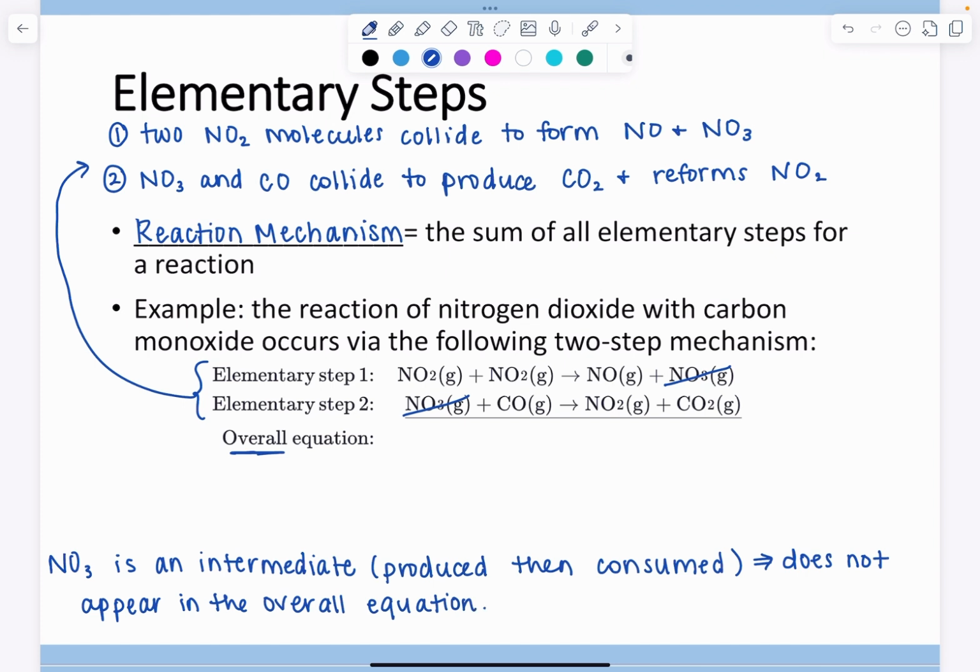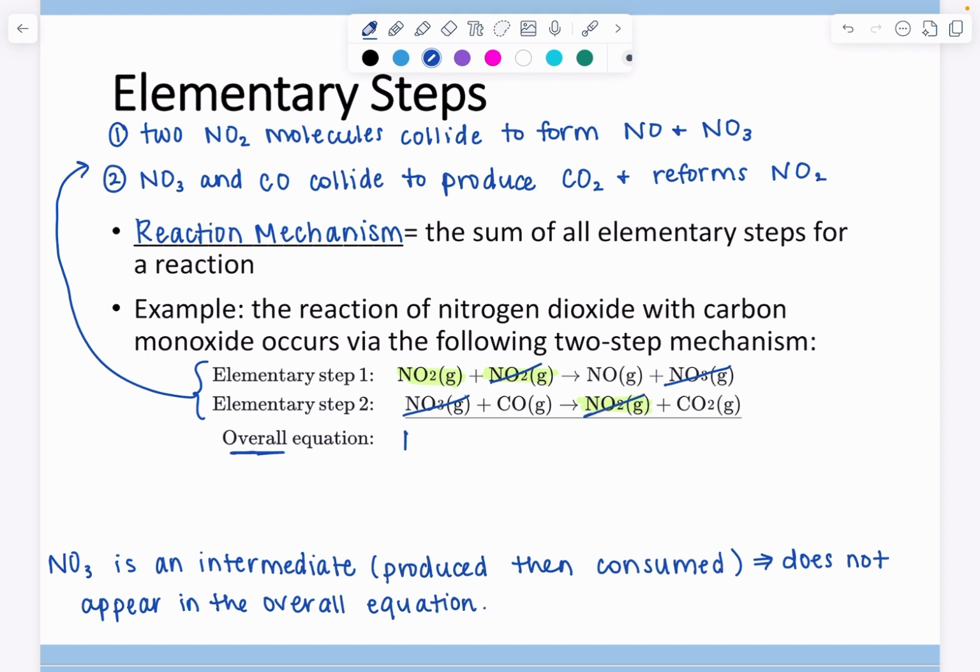Okay, so I wanted to use NO3 as an example. Let's look at NO2 now. So we have, I'll use highlighting, NO2, NO2, and NO2. There are 3 NO2s in these elementary steps. 2 of them are on the reactant side, 1 is on the product side. So 1 on the reactant side gets canceled out.